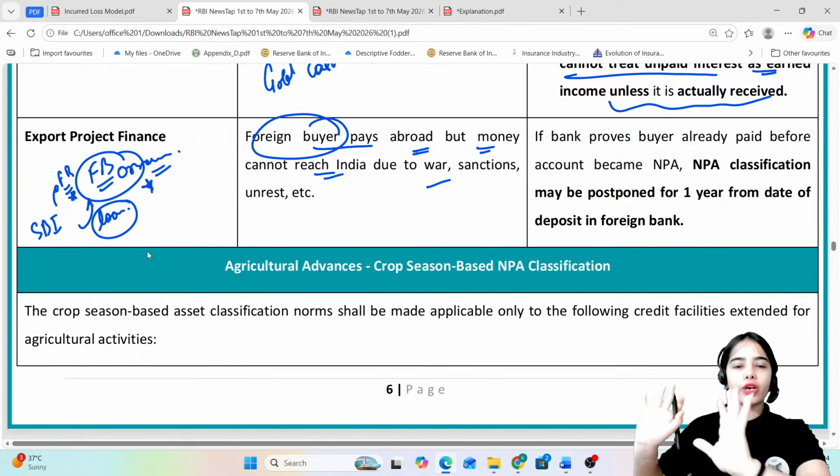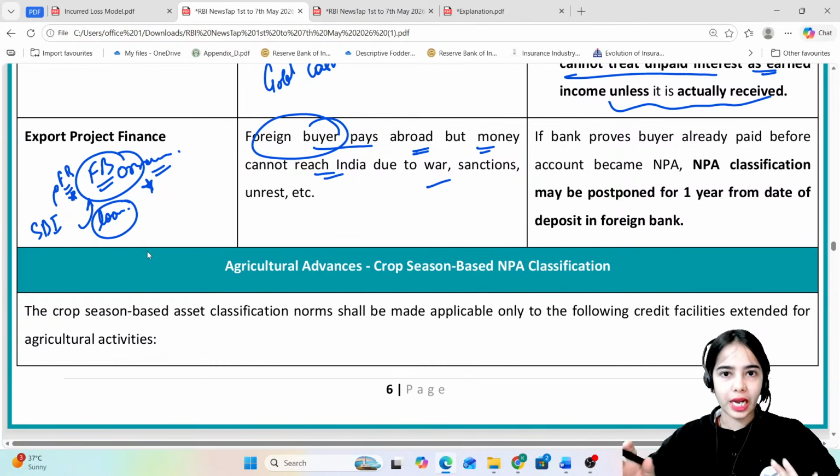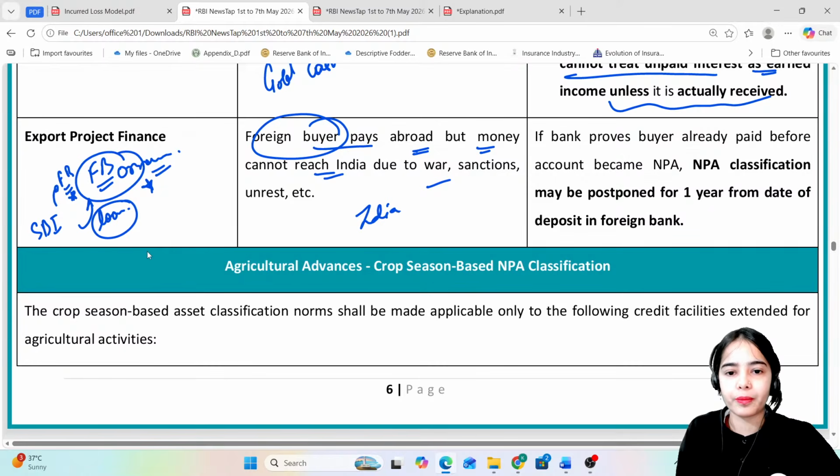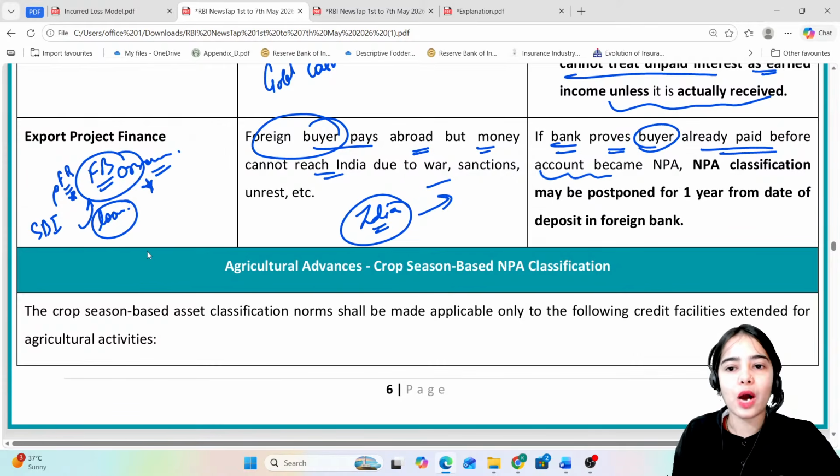So the foreign government has blocked the funds from moving out of the country. So the funds cannot reach India because of certain restrictions. If the State Bank of India overseas branch can prove that the borrower has already paid before the account became NPA, the NPA classification may be postponed for 1 year from the date of deposit in the foreign bank.